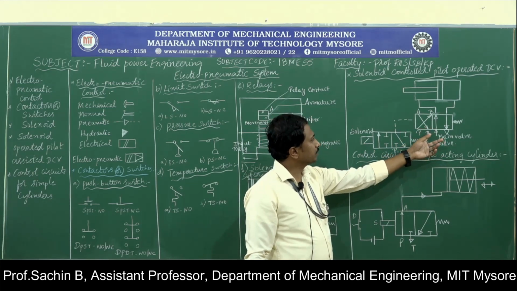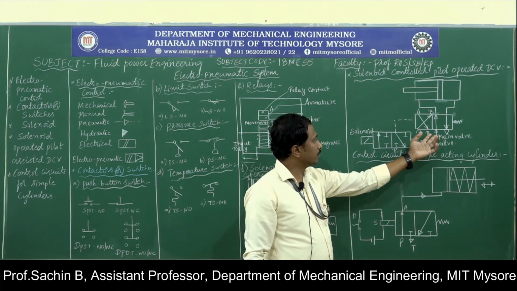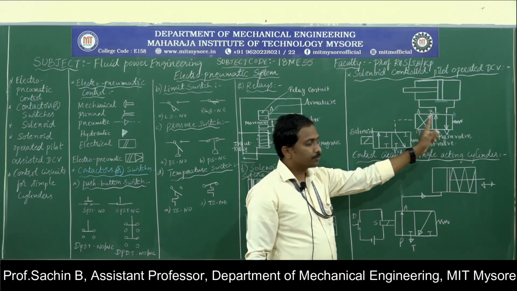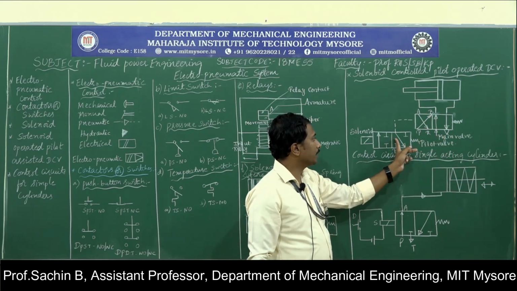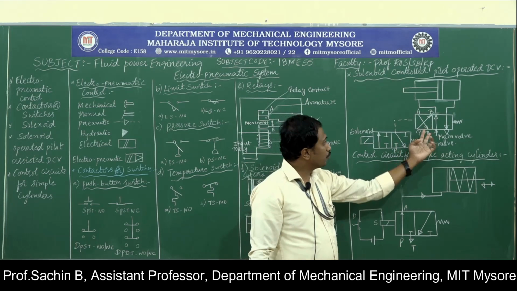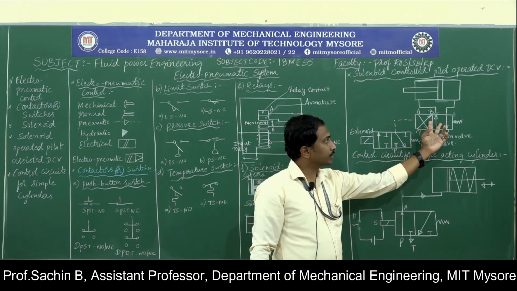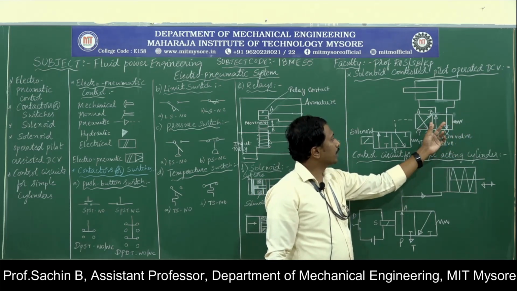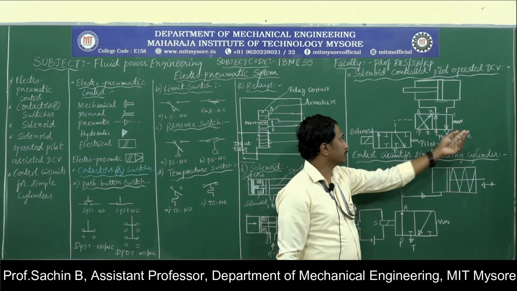Looking at the symbol, I can say this main valve is a 4/2 pilot operated spring return type of direction control valve, because it is operated by the pilot operated valve. In 4/2, you can observe the 4 ports and 2 positions present over here. Here I have written 4/2 direction control valve, which is actuated by a pilot operated valve with spring return.